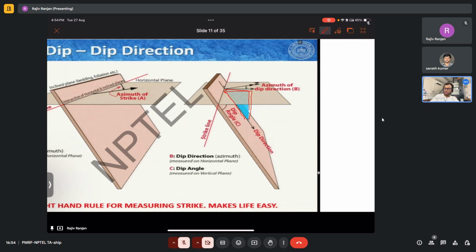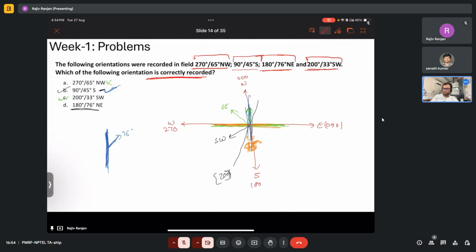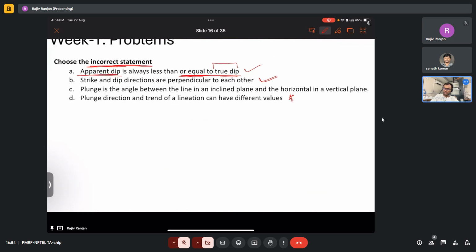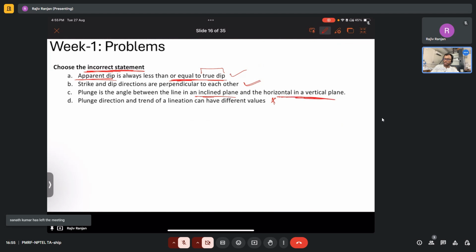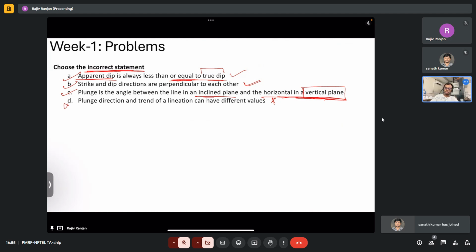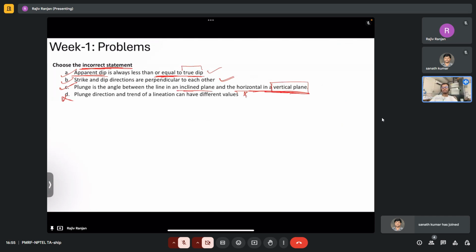This is an inclined plane and this is a horizontal plane. That is what is mentioned here, that plunge is measured in a vertical plane. So A, B and C are true, and option D is incorrect.